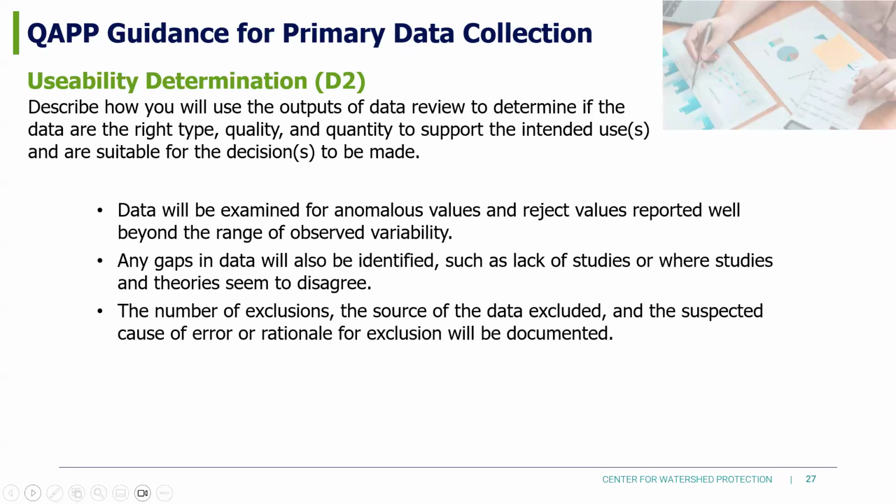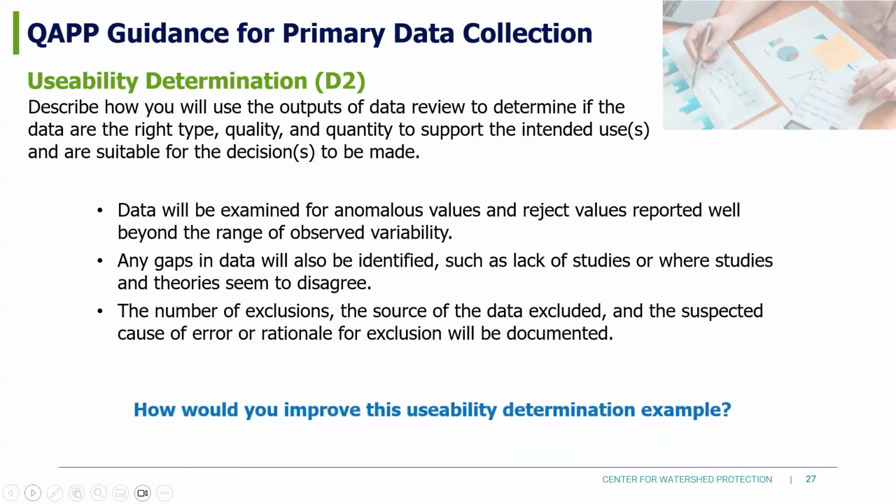The number of exclusions, the source of the data excluded, and the suspected cause of error or rationale for exclusion was going to be documented and included in final reports. So those are the items they use for their usability determination.